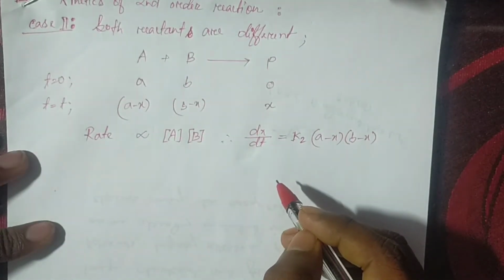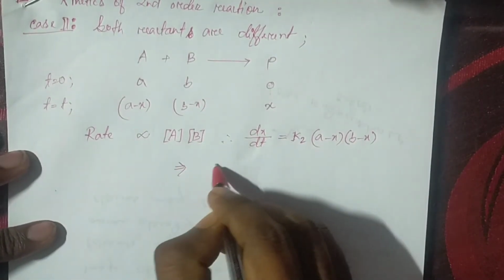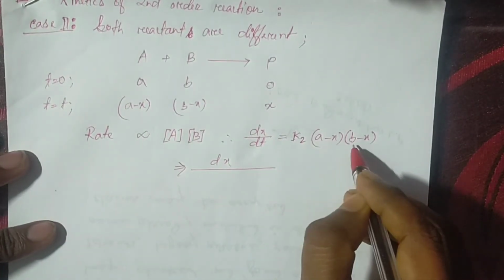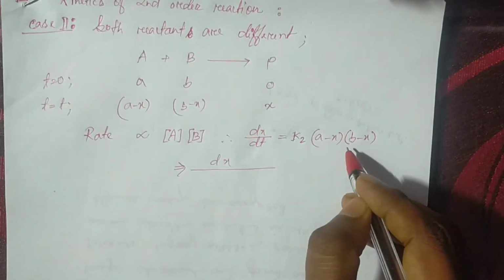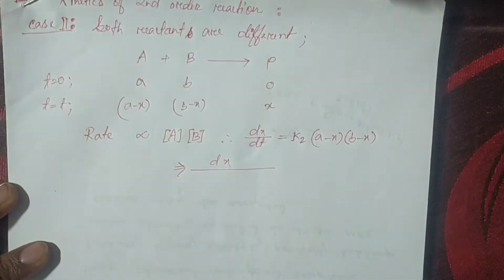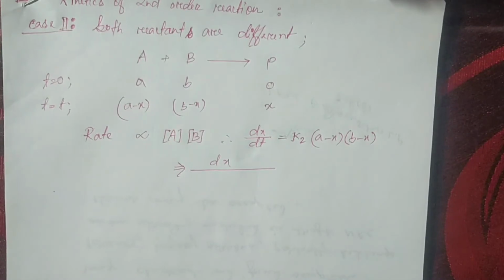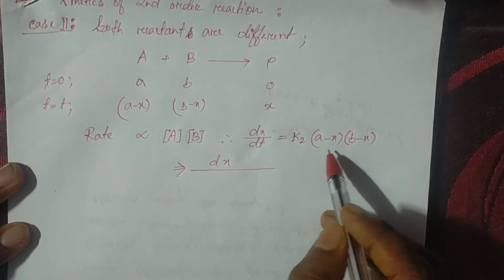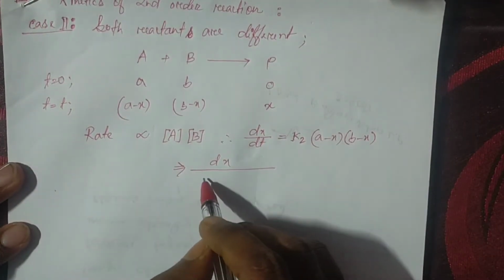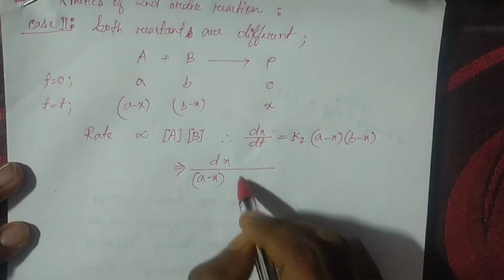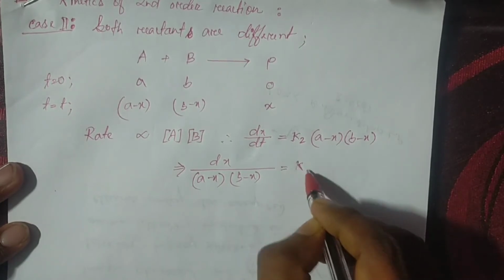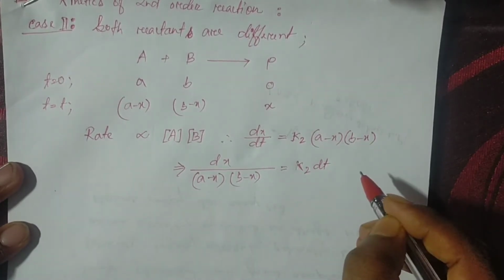Now I will bring these two parts, a minus x and b minus x, here, and here it will be k2 dt.